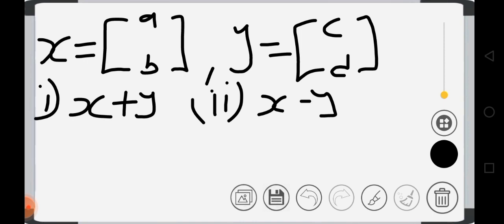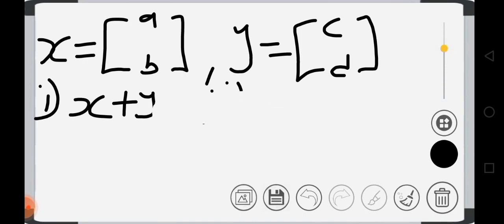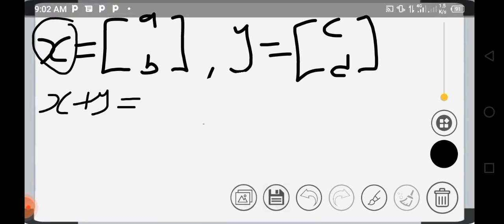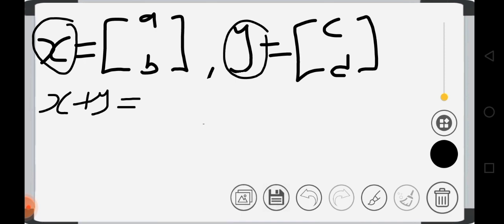So I'm going to do this now. Let's look at it and see the answer. First of all, let me clean this place. Now the first thing is to get x plus y. It means you should add this x to this y.